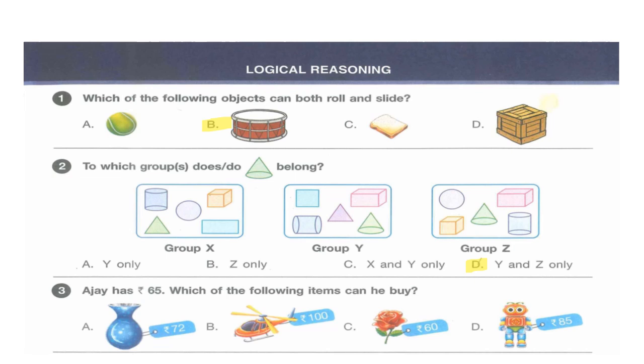D, a toy robot, the cost is 85. Ajay has rupees 65, so among these items he can only buy a rose, which costs 60, because he has only rupees 65. Hence, the answer is option C.